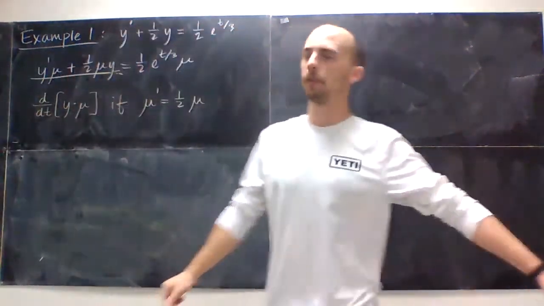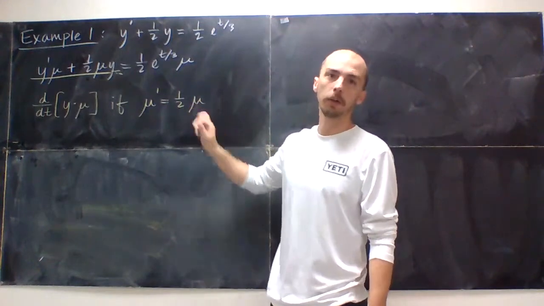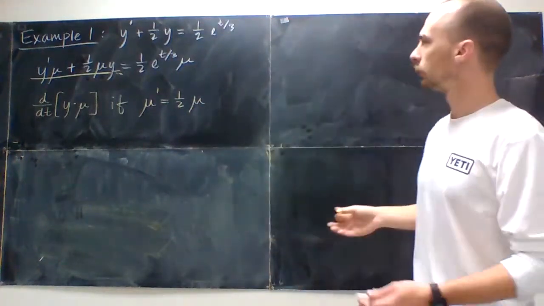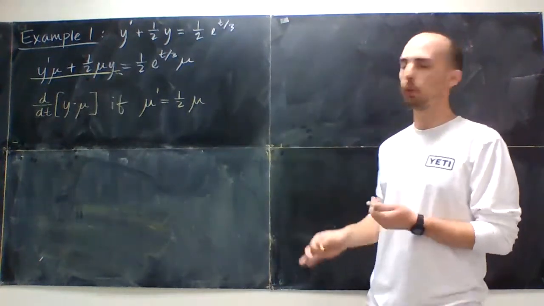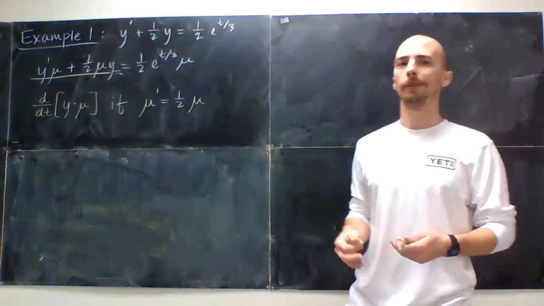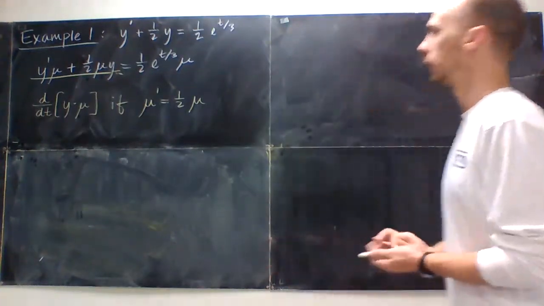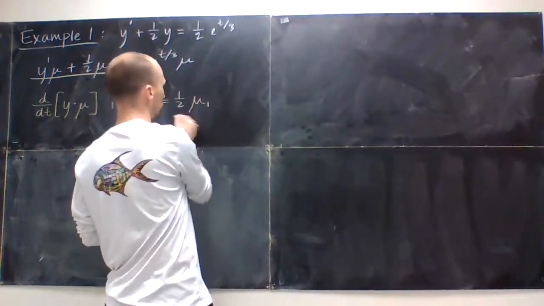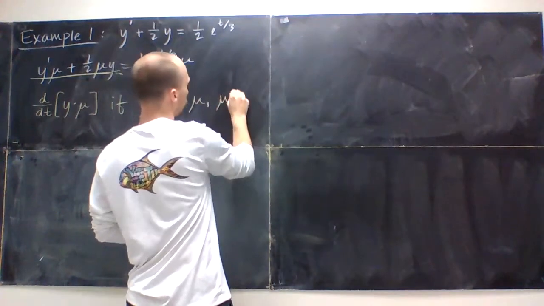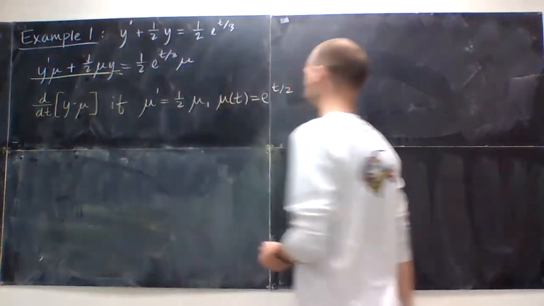Now, I think in the first video in this series, I told you that if we see a situation like this, where y prime is half of y, or f prime is half of f, that's going to be where mu of t is equal to e to the 1/2 t, right? dy dx equals k times y, that's exponential growth. Okay. So this is to say mu of t equals e to the t over 2.